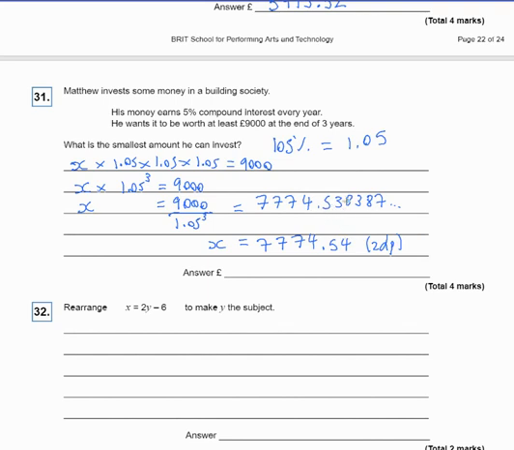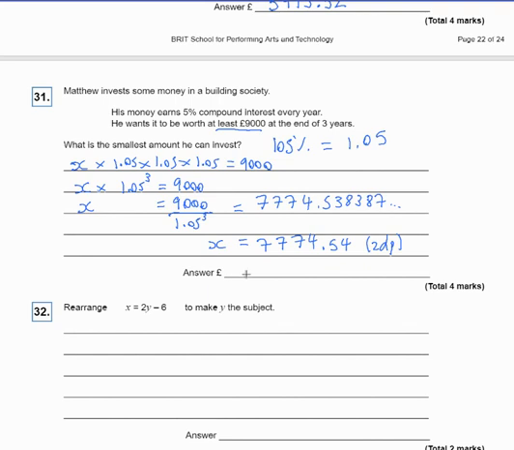It's 0.53 something. If the rounding worked such that it would be 0.53, we would still round it up to 0.54. Because if we had put in 0.53, then applying the rule wouldn't quite have made it to £9,000. It would have been maybe £8,999 and some pennies. So in this kind of situation, it would be important to round up because we want it to be worth at least £9,000.